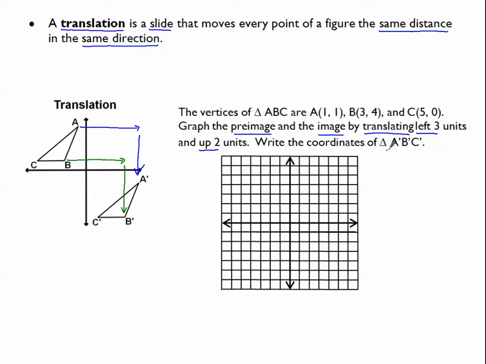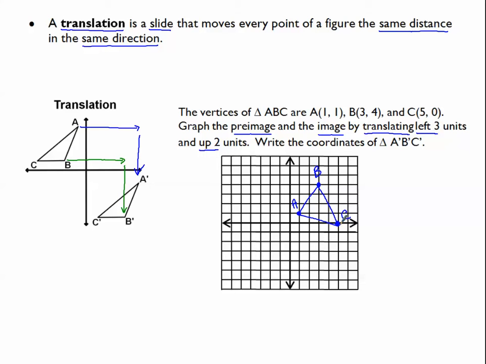Write the coordinates of triangle A prime, B prime, C prime. So let's begin by graphing triangle ABC. A is at (1, 1), B is at (3, 4), and C is at (5, 0). And we'll connect the points so we see that triangle.